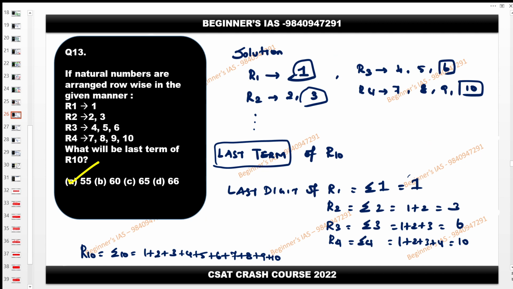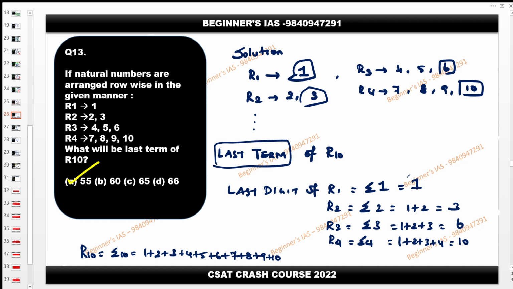If natural numbers are arranged row wise in a given manner, in R1 the number 1 will be there. In row 2, 2 and 3. In row 3, 4, 5, 6. In row 4, 7, 8, 9, 10. Like this. What will be the last term of R10? Row 10's last term. That is the question here.